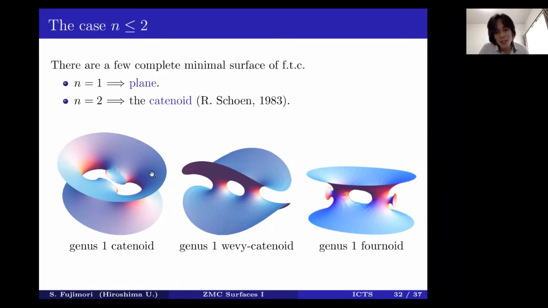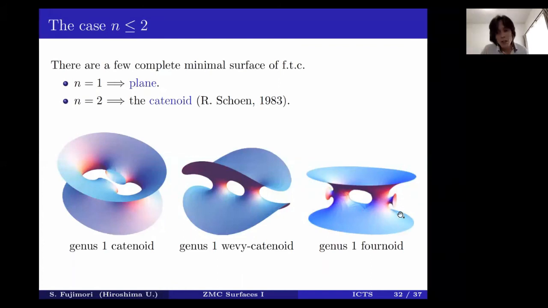But it is interesting that if we change the end like this way, a wavy end, like an n-part type end, then one can solve the period problem. So there is a genus 1 surface with two ends, but the two ends are not catenoidal ends. And also, if we add two tiny catenoidal ends here and here, then one can also solve the period problem.